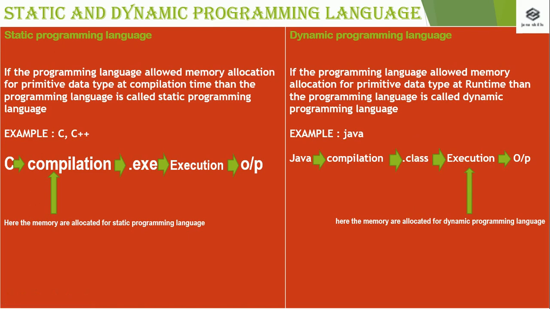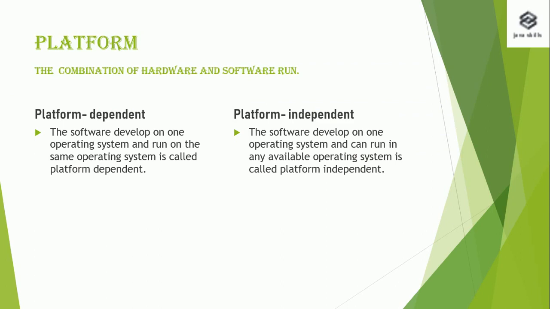Now we will see what a platform is. A platform is the combination of hardware and software it runs on. Whatever the combination of hardware and software runs, it's called a platform. Platform dependent: as C is platform dependent, whatever software we develop in C, we can run only on the same operating system.